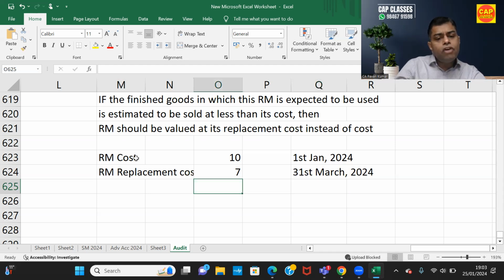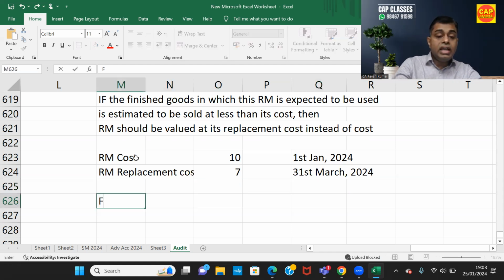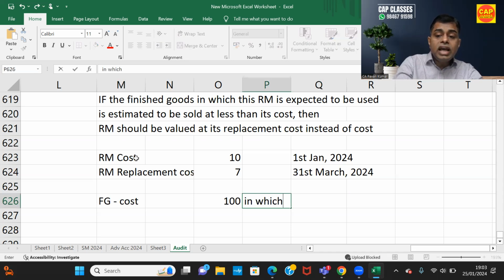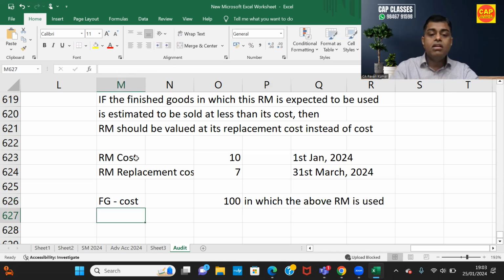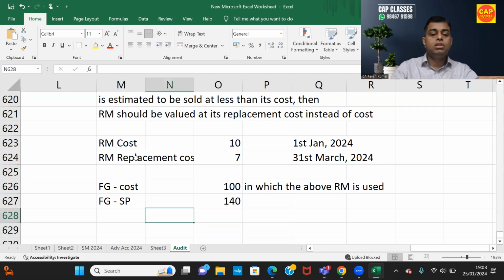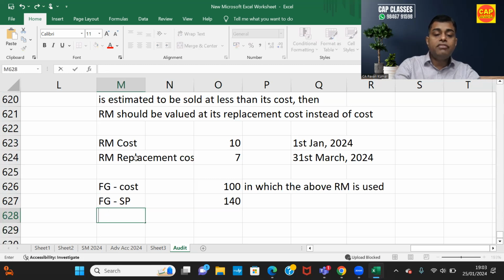But Pavan sir, what if I am manufacturing finished goods at a cost of 100 in which the above raw material is used? And finished goods selling price is 140. So profit on sale of finished goods is 40.